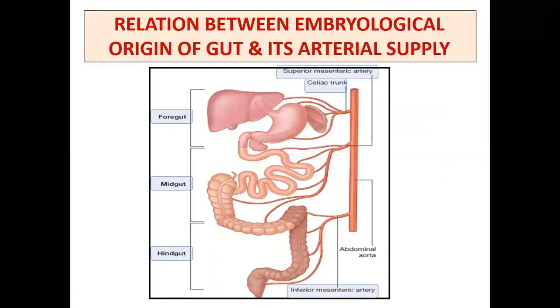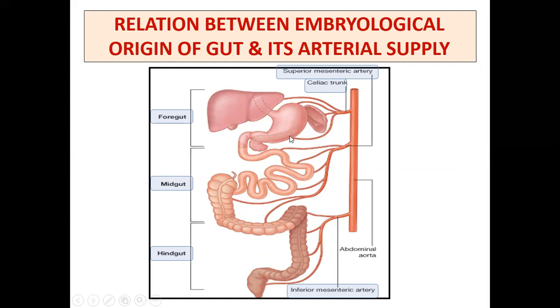Before we go further, there is a general rule for blood supply. If you remember this general rule, you can easily remember the blood supply of all the parts of the GIT. Depending on the embryological development of the gut, its arterial supply is by specific arteries.